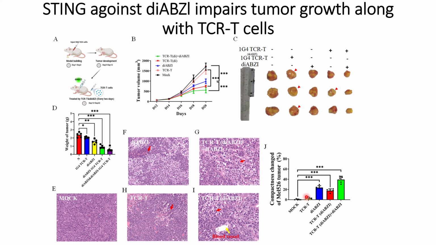All this indicates that when the STING agonist DiaBZl is combined with engineered T cell receptors, which belong to the 1G4 TCR-T, and these T cells are also cultured in DiaBZl-based medium, then we will see the maximum reduction in the tumor growth and tumor weight, or we can say that it will cause maximum regression of the tumors in the mouse models.